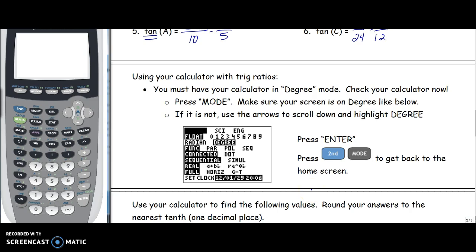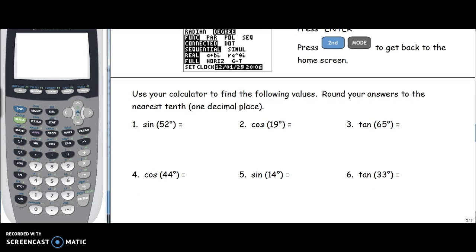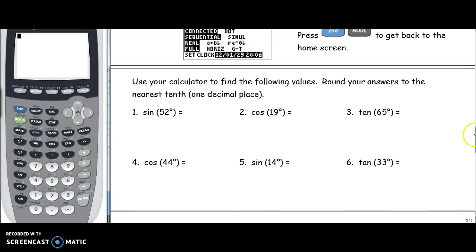So if we want to find a value of a trig function, we could use the ratios, so we could do sine of 5 over 12 or whatever we had at the top, or we can find the side length of an angle measure. Okay, so here we have sine of 52. Your sine, cosine, and tangent values are right above 7, 8, and 9.